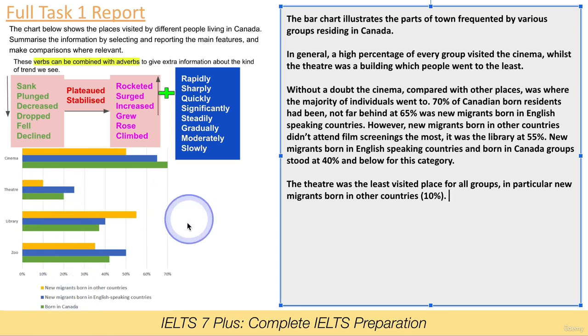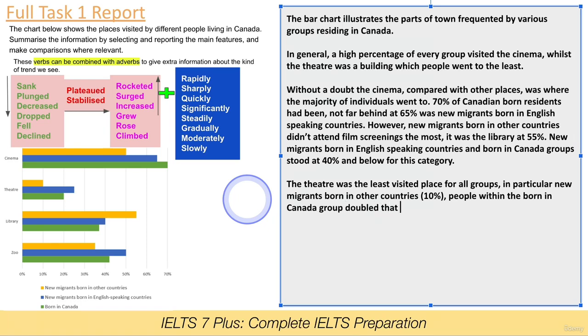Born in Canada group was 20%. In particular, new migrants born in other countries. Born in Canada, individuals, people within the born in Canada group doubled that percentage.